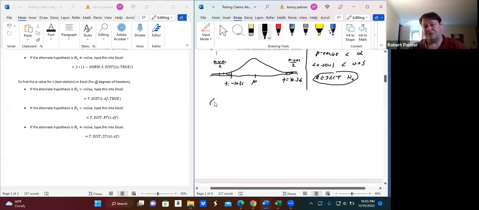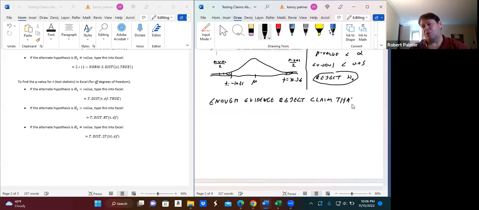So there's enough evidence to reject the claim that the mean or average Coke can volume is 12.00 ounces.